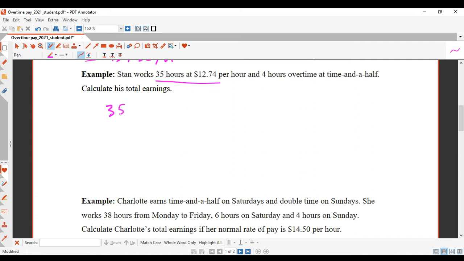So 35 times $12.74. Now on top of that, he works an extra 4 hours overtime at time and a half. Time and a half is 1.5 times his normal hourly rate.